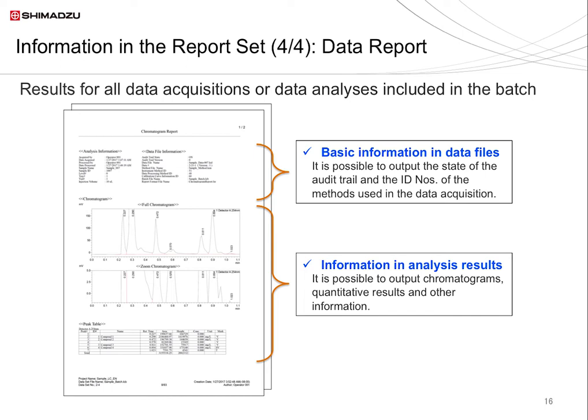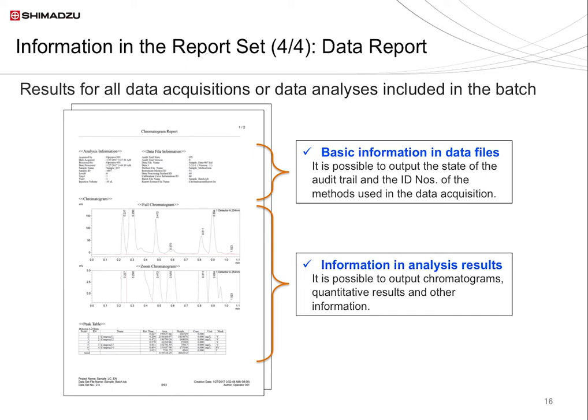This report includes the kind of information everyone views and uses in the normal course of activities. It includes basic information about the data file, but also analysis results, chromatograms, and quantitative results. One of the basic pieces of information included in the data file that is also output in the data report is whether the system's audit trail was turned on or off.